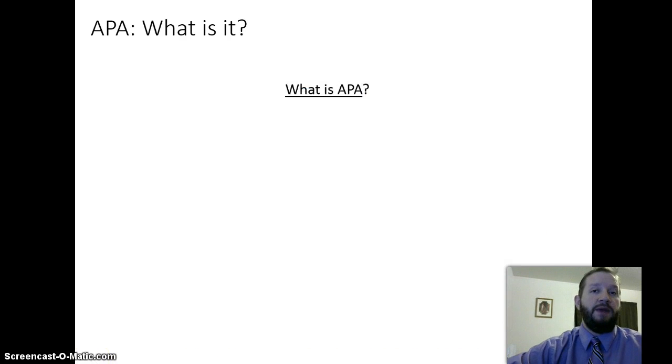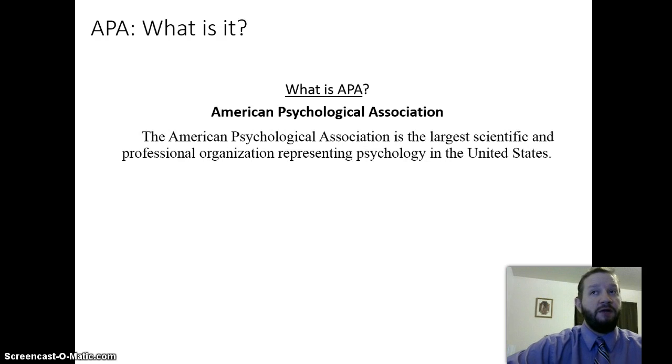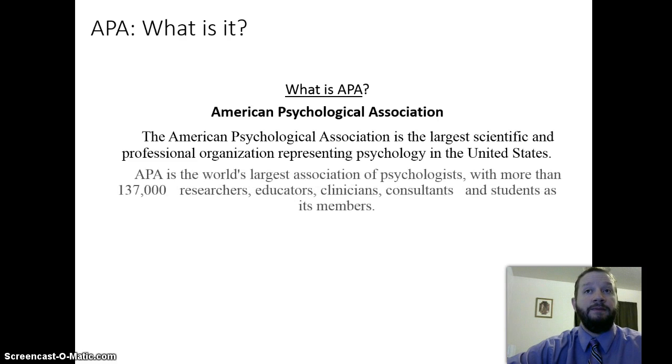So what is APA? Well, first of all, I've already said it. APA is the American Psychological Association. As an organization, they're not just a format, they're also an organization. The American Psychological Association is the largest scientific and professional organization representing psychology in the United States.